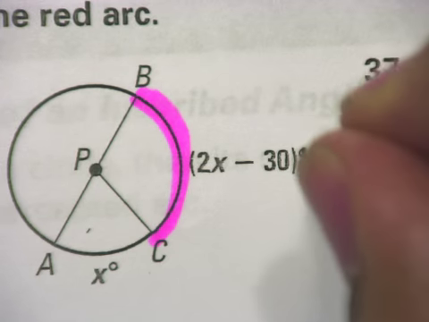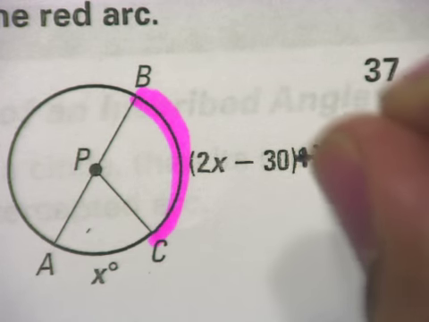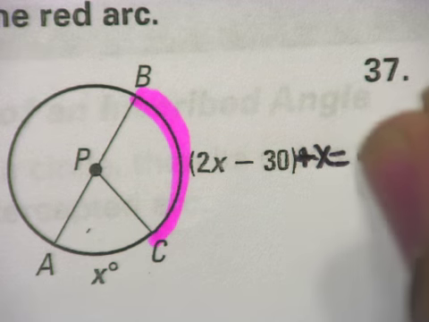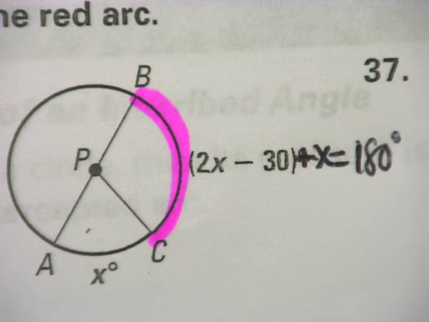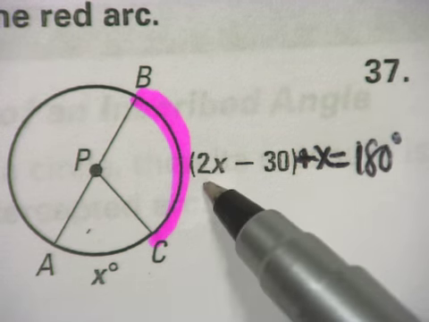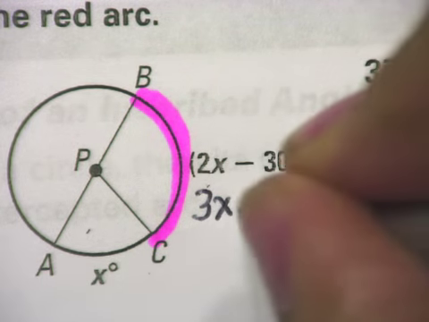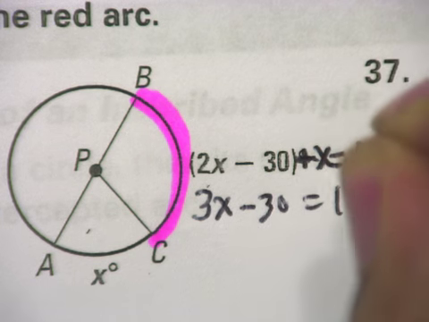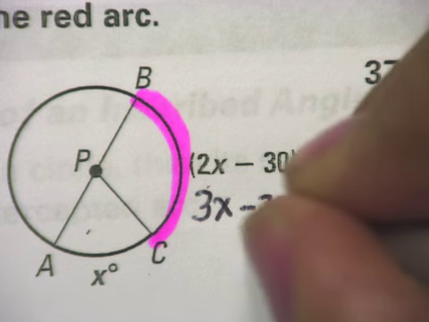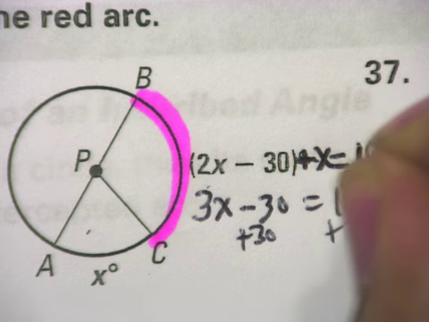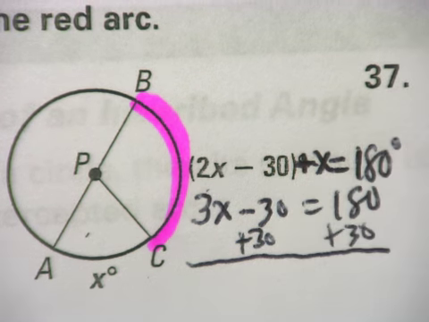So 2x minus 30 plus x is equal to 180 degrees. Well, 2x and 1x is going to give me 3x minus 30 is equal to 180. I'm going to add 30 to both sides.